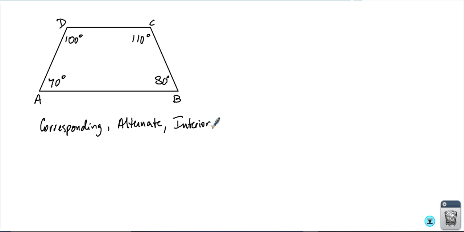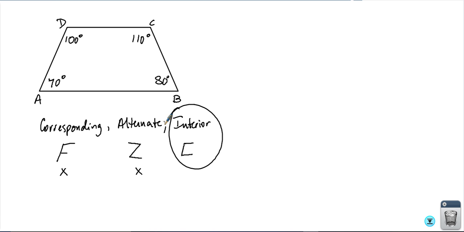Let me remind you a little bit. Corresponding angles using the letter F, alternate angles using the letter Z, interior angles were inside parallel lines. Now, as you can see in this diagram, we don't have this type of angle, we don't have this type of angle. So the only type of angle that we can have in this diagram is the interior angle.